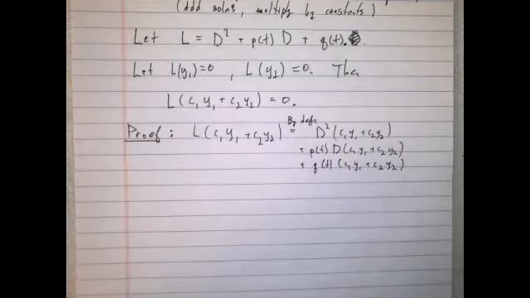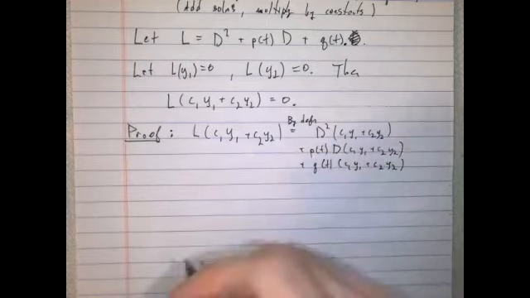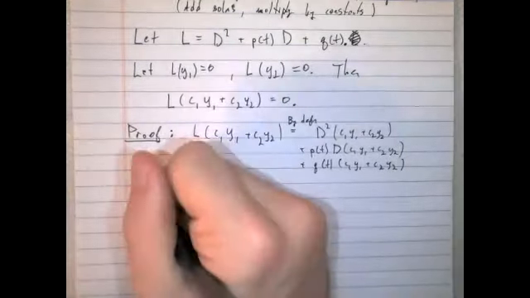What we know about second derivatives or derivatives is that they split over sums and constants pass through.